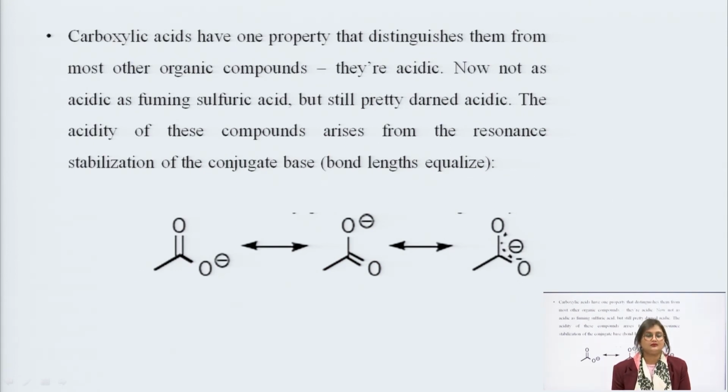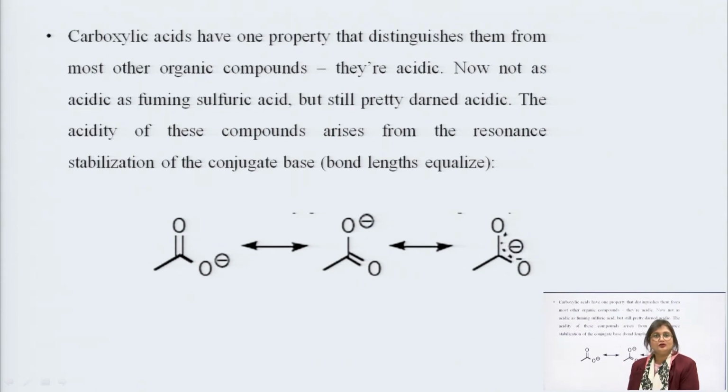Next, carboxylic acids have one property that distinguishes them from most other organic compounds. They are acidic. Now, not as acidic as fuming sulfuric acid, but still pretty acidic. The acidity of this compound arises from the resonance stabilization of the conjugate base.